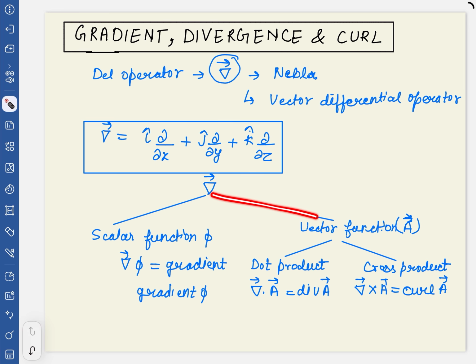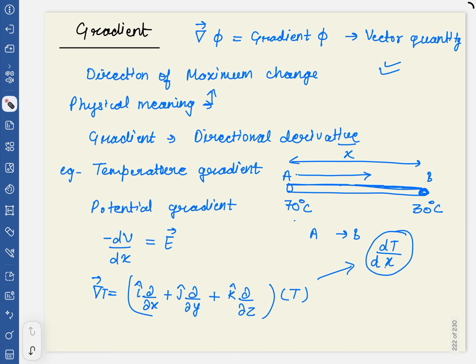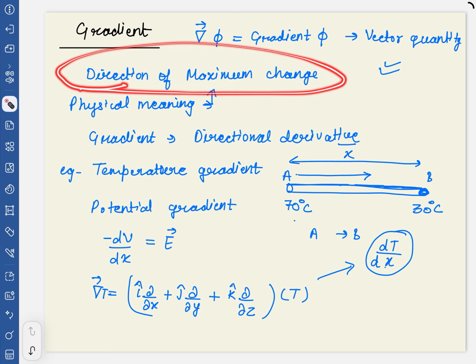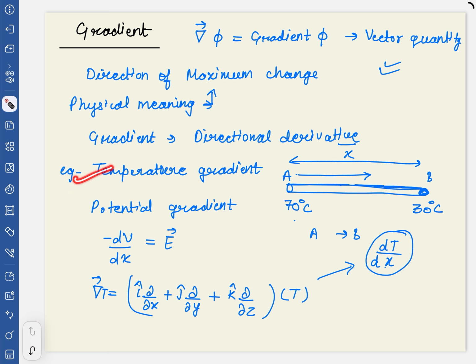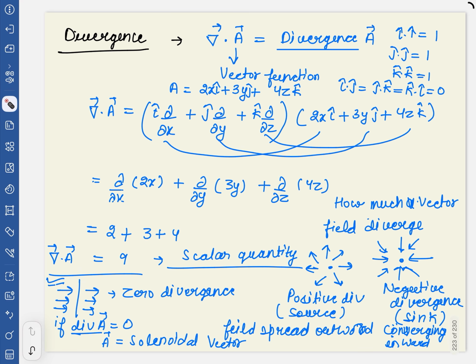And if we operate del on any vector via dot product, we will get the divergence of A. And if we operate del on the vector function via cross product, we get the curl of A. So in gradient, whenever we operate del on a scalar function, we will get the vector quantity, and the significance is it will show the direction of maximum change. Examples are temperature gradient and potential gradient.